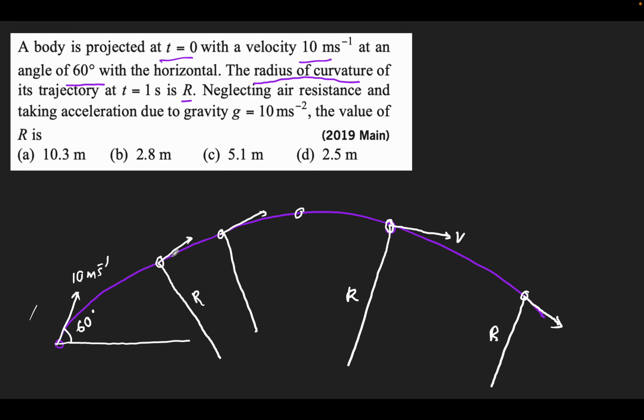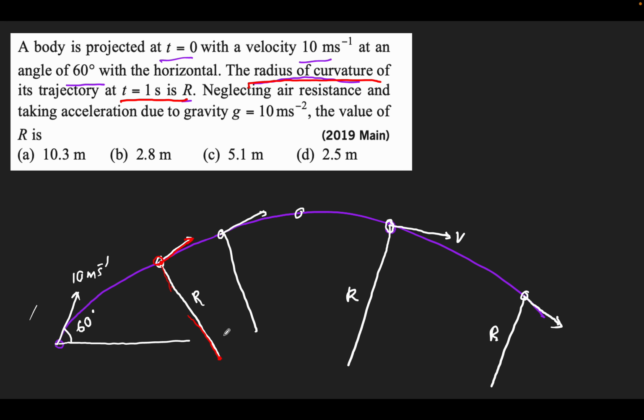In this question the most important thing is to understand this part, the radius of curvature at t equal to 1 second is r. That thing has to be understood. It means that at each position it may have a radius. How will be the radius? The radius will be perpendicular to its instantaneous velocity. And where will be the center? That we don't know.